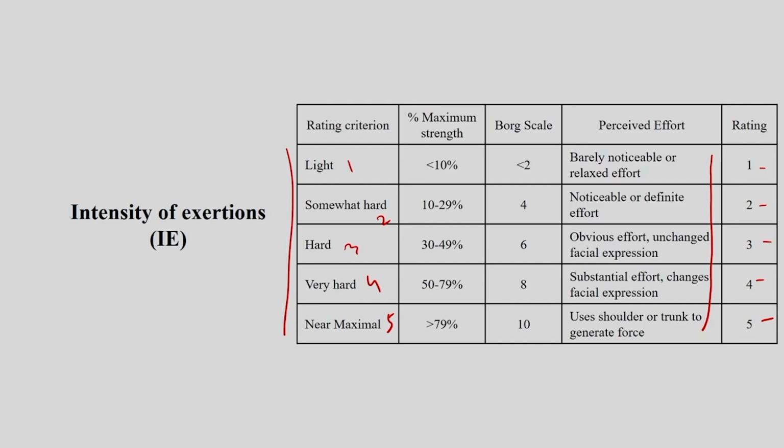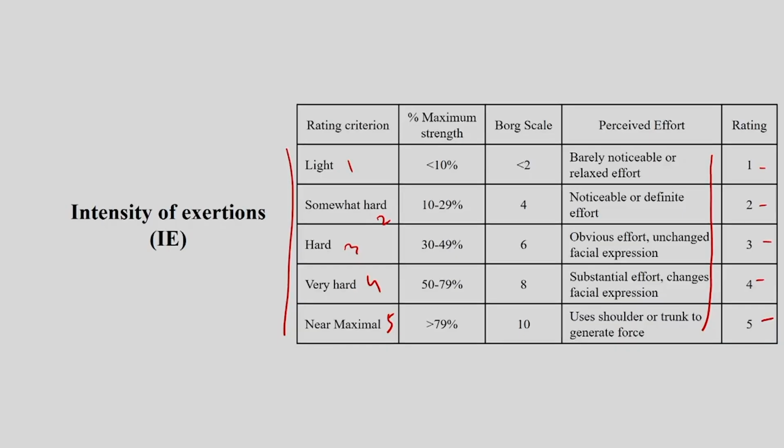So, it is connected to, if you need a lot of effort to do something, of course your facial muscles will work, right. If you are doing some very tough job, automatically your facial muscles will react. So, if unchanged facial expression, but you can see the effort is there, then it is 3. Substantial effort and changes the facial expression, then definitely it is more than that, then it is 4, and use shoulder or trunk to generate force.